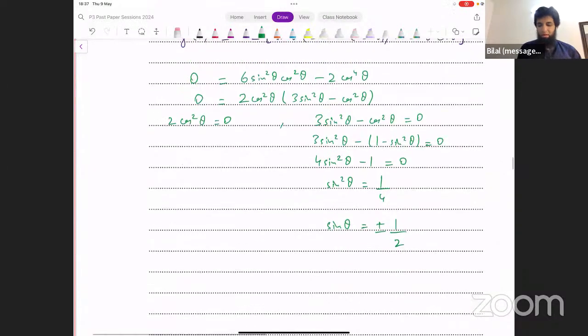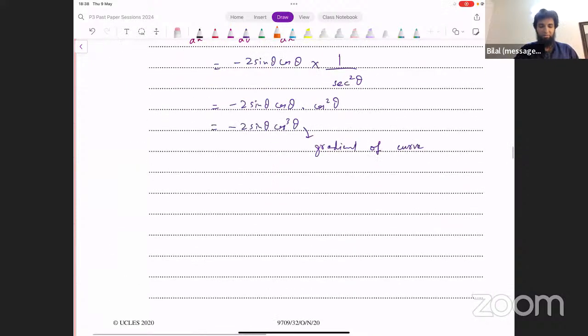So this becomes sine theta equals plus minus 1 over 2. Okay. And the first equation, what does that become? Cos square theta equals 0, and then cos theta equals 0. Find the basic angle from this first equation, or just think of the graph of cos. Where is cos 0 on the graph? Cos is 0 at pi over 2, at 3 pi over 2, and minus pi over 2 before that, because we have negative interval as well.